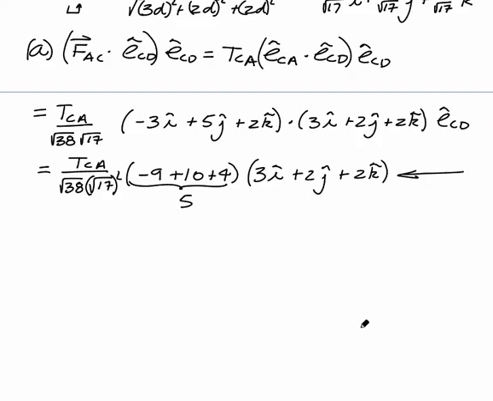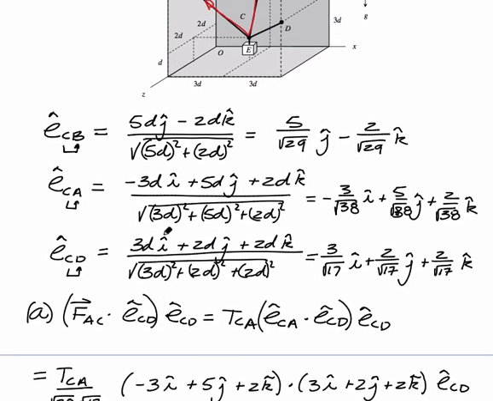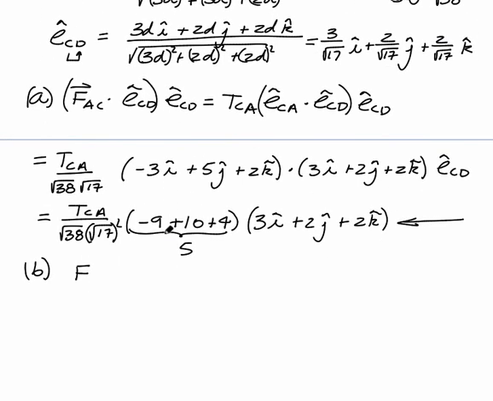The projection for part B, I take the force that's carried by member CB. What did I call it in my picture here? FBC. I dot that with eCD, the unit vector.